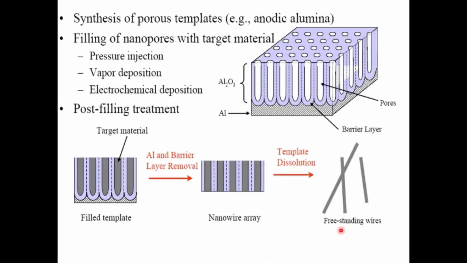So once you have this porous template, right, you can make use of this as a working electrode, and then make use of a proper electrolyte to fill the pores with whatever material you want, and you remove the other existing aluminum by etching, and then you can get freestanding wires.